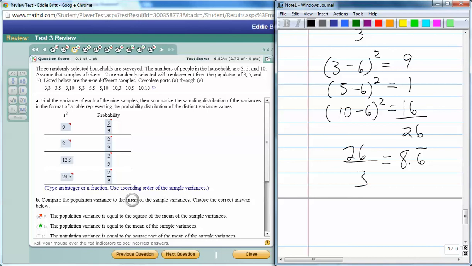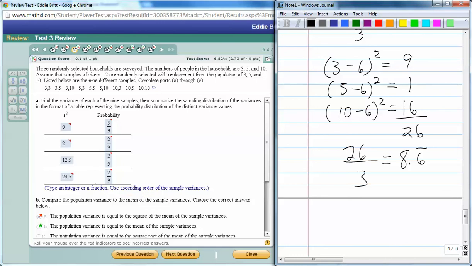What is mean? So you add up all the sample variances, not these 4. You have 9 of them on your paper if you've worked all these variances out. Add all the variances up, so it'll be 0 plus 0 plus 0 plus 2 plus 2 plus 12.5 plus 12.5 plus 24.5 plus 24.5.